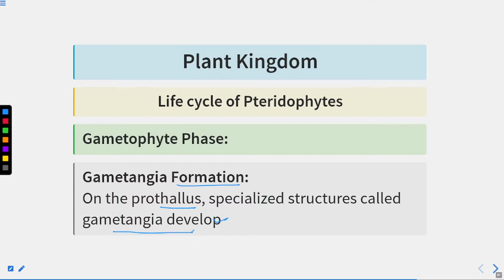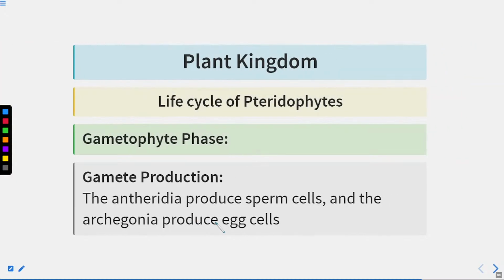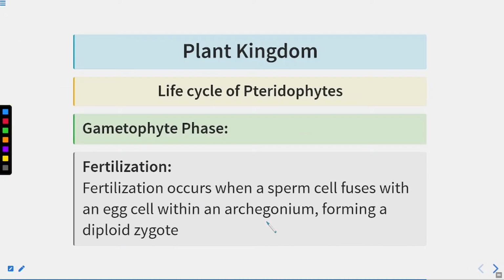The antheridia produce sperm cells and archegonia produce the egg cells. Fertilization occurs with the help of water. The antherozoid swims and reaches the archegonia and fertilizes the egg there, right? So fertilization occurs when the sperm cell fuses with the egg cell within the archegonium, forming the diploid zygote.